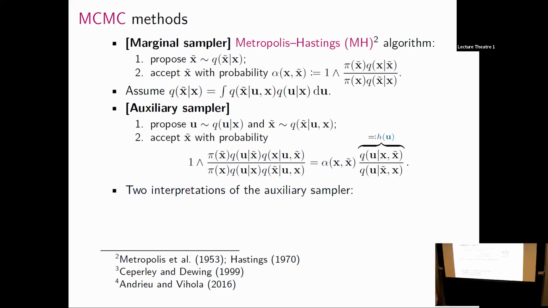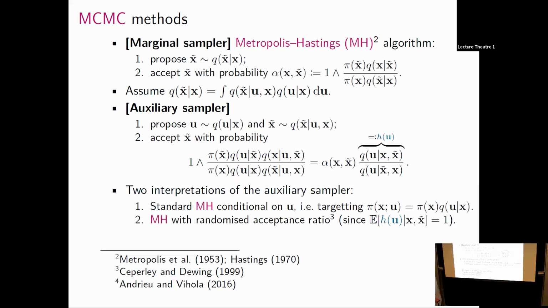These auxiliary samplers have appeared many times in the literature, and they have at least two very nice interpretations. Let's focus on the first one here. If you condition on the auxiliary variable u, this is really just a standard Metropolis-Hastings algorithm targeting a distribution which is indexed by u, and also using a proposal which depends on u.